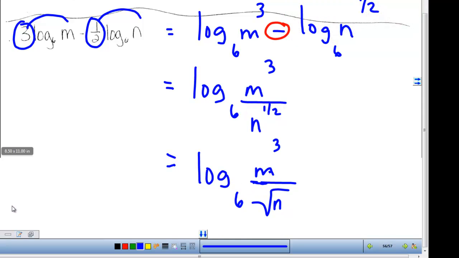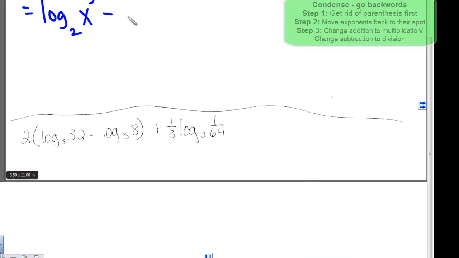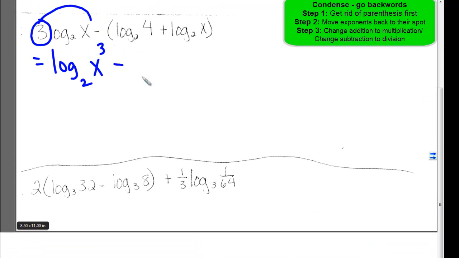Next example. I notice that I have a 3 out front, so that needs to come up here. So let me take care of that. Log base 2 of x cubed minus, and inside parentheses here, I notice that there's a plus symbol, so I can take care of this inside the parentheses.